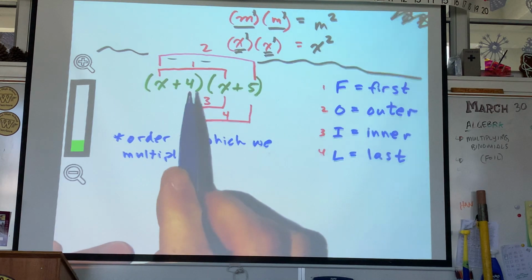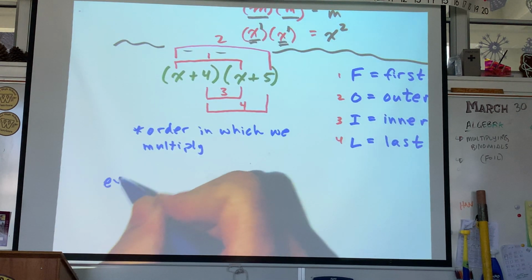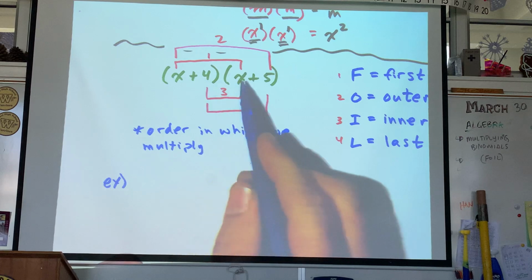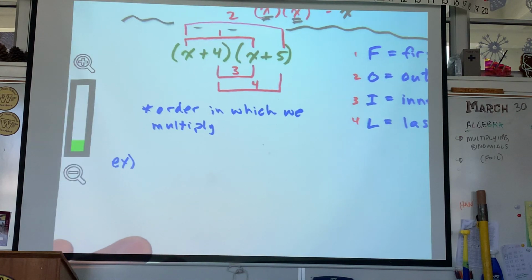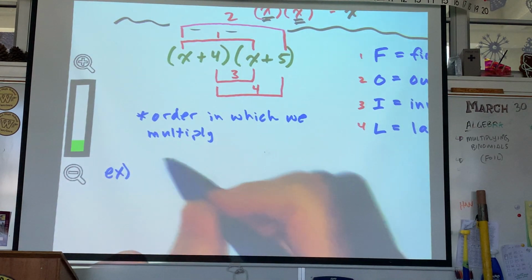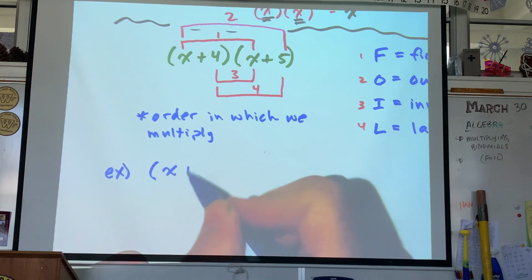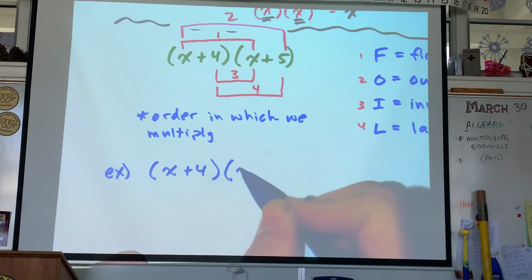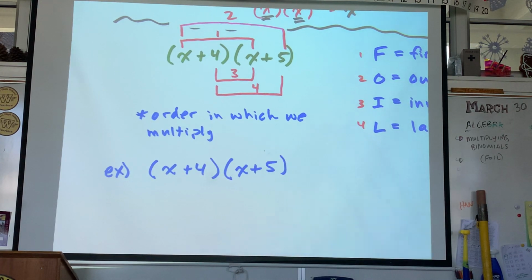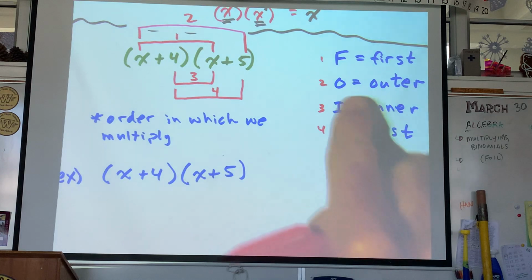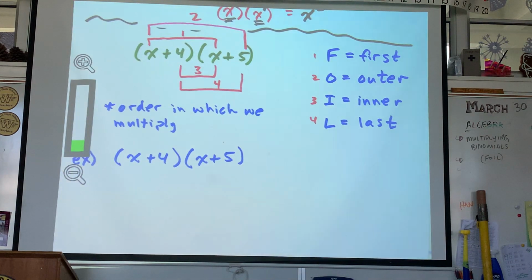So here's example 1. And I'm going to just pull this down here. I'm going to pull x plus 4 times x plus 5 down here, so we can do some work on this following the FOIL method.